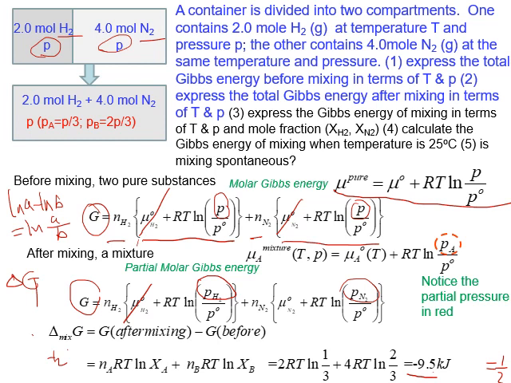Here, A is hydrogen, so this is hydrogen and hydrogen, and this is nitrogen and nitrogen. X of hydrogen is 1/3, and X of nitrogen is 2/3. In fact, this is an equation that we derived in class, and we showed that for ideal gas mixing, this is always less than 0. So ideal gas mixing is always spontaneous. So plug in the data, and you should be able to get negative 9.5 kilojoules.